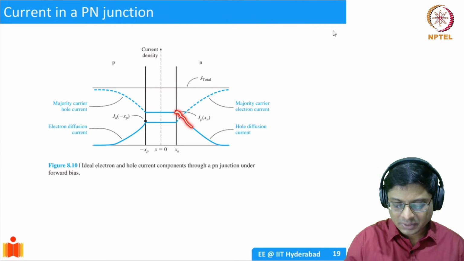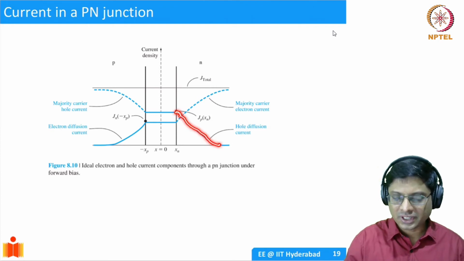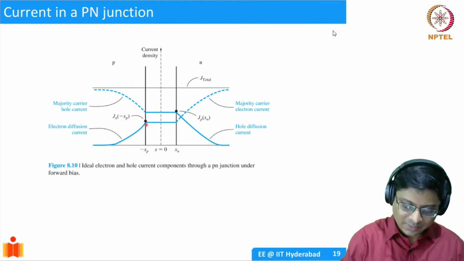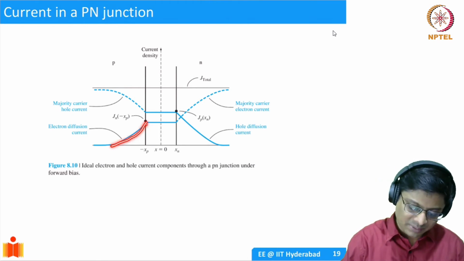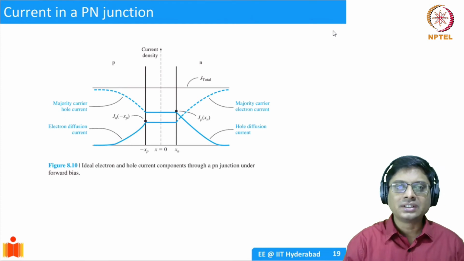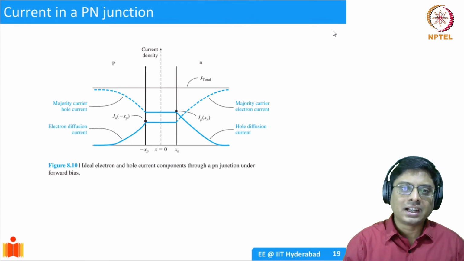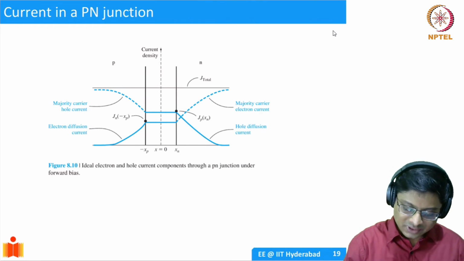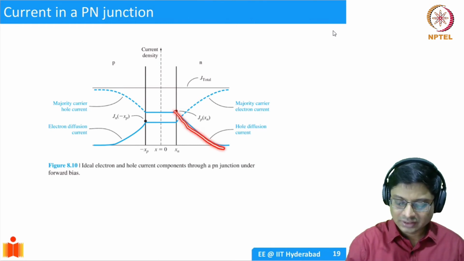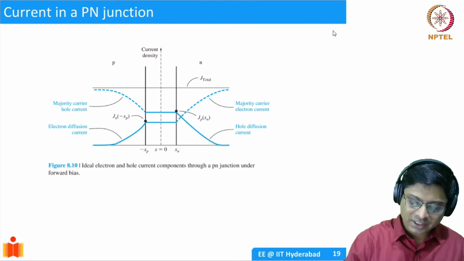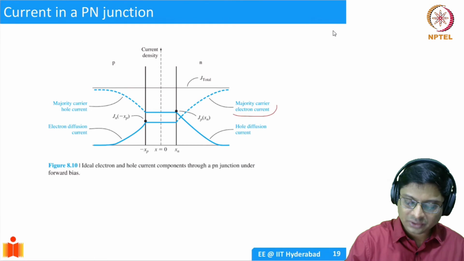As you go deeper into the semiconductor, the diffusion current is going to reduce, and as the holes are reducing, the number of electrons is increasing. So essentially, this minority carrier current was reducing, and that is being substituted by the majority carrier current, which is basically the electrons.